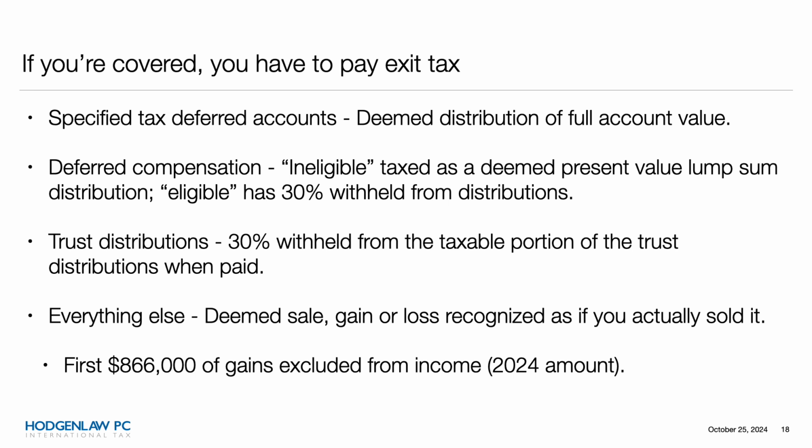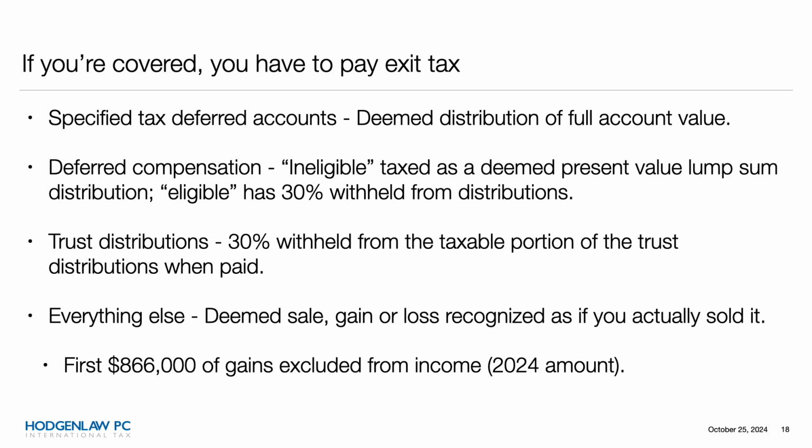Another exit tax applies to trust distributions. There's 30% withheld from the taxable portion of the trust distributions when paid. And then for everything else, there is a deemed sale and a gain or loss recognized as if you actually sold it.